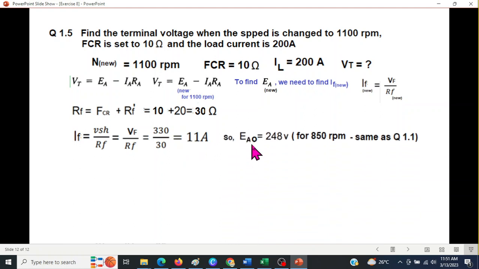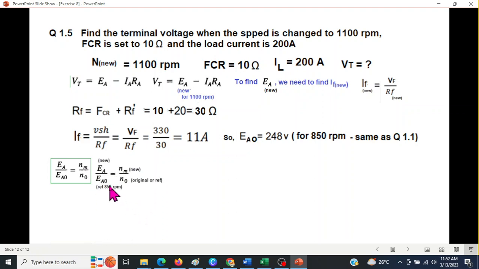Now EAO was 240 in question number 1.1 for 850 RPM. But we have to find new EAO for 1100 RPM. For that we have to use this formula. This is the reference EAO, this is the new EAO, this is the reference speed, and this is the new speed.